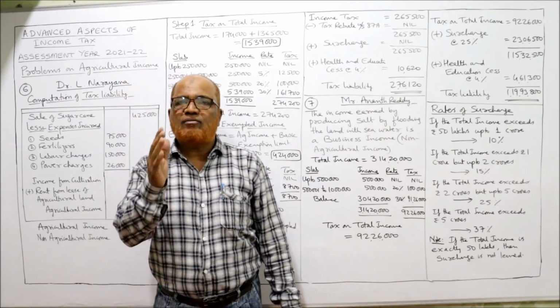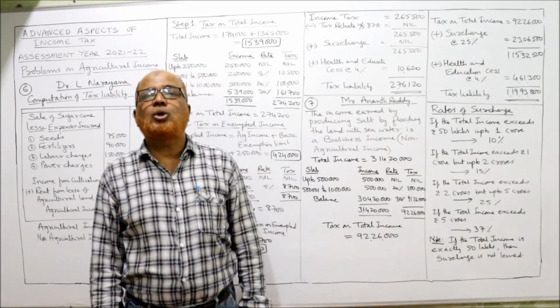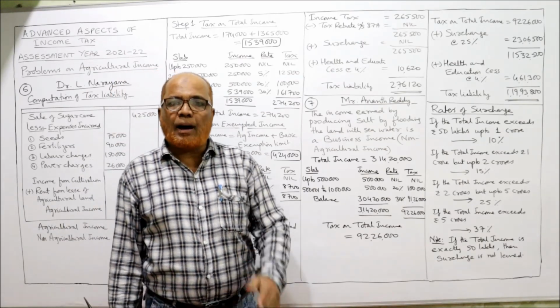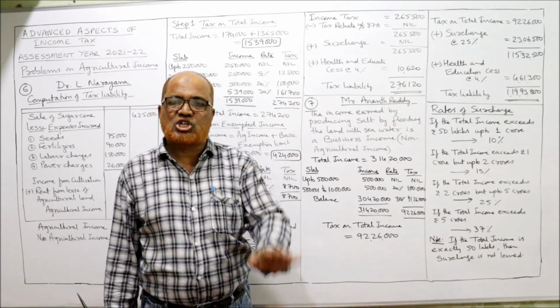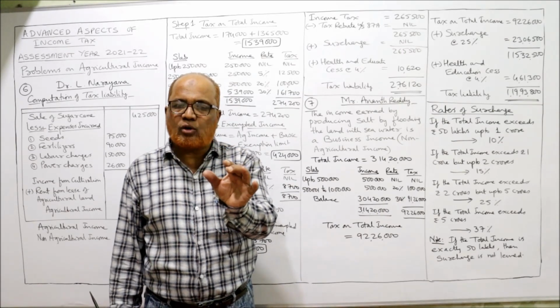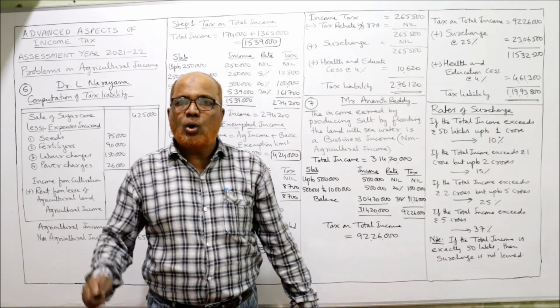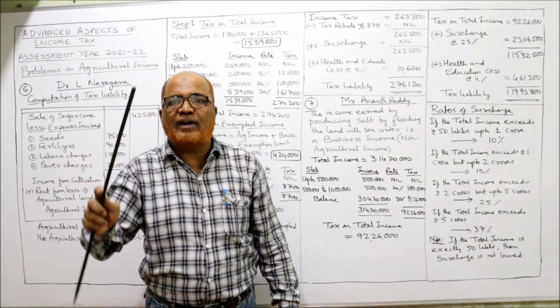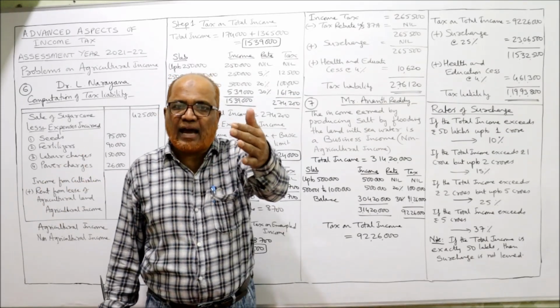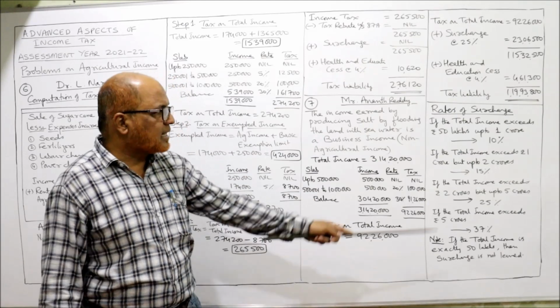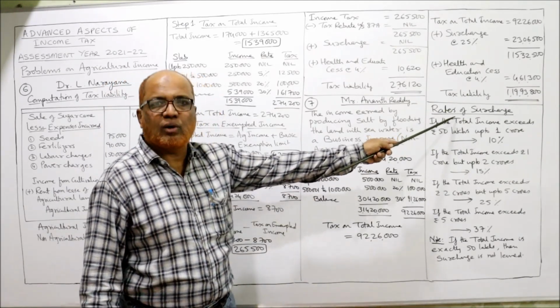Now surcharge, we have different rates depending on the total income. Up to 50 lakh rupees total income, no surcharge. Over 50 lakh, up to 1 crore, the surcharge is 10%. Here I have written for your information.